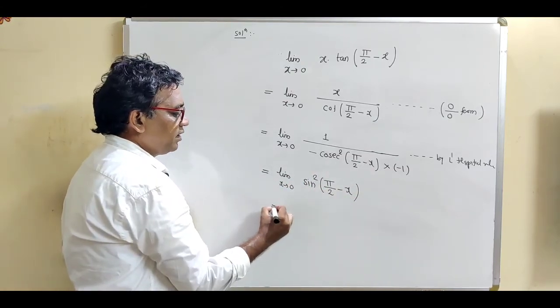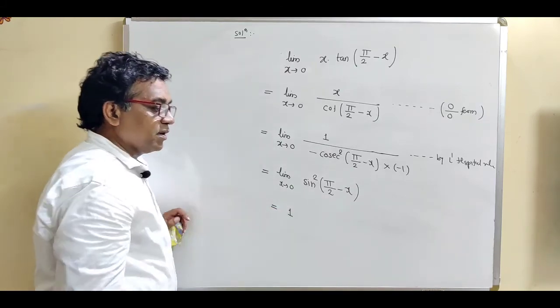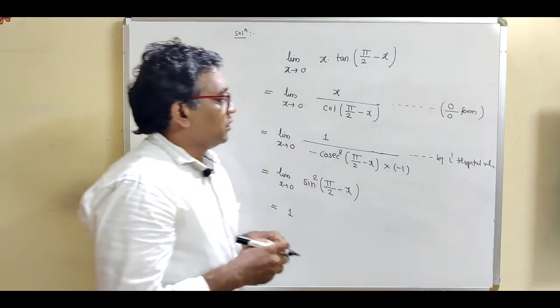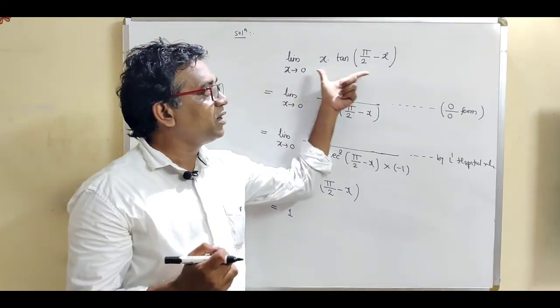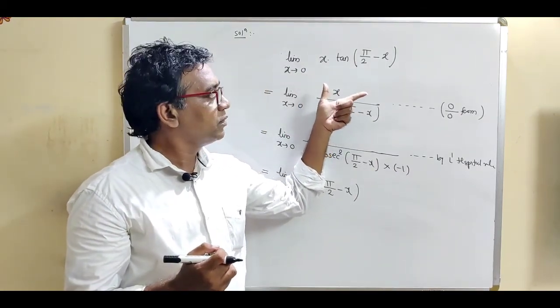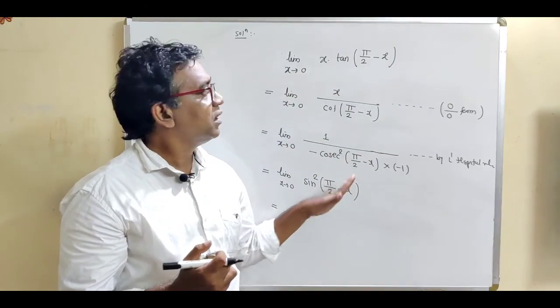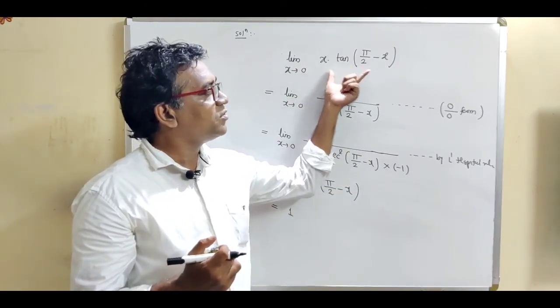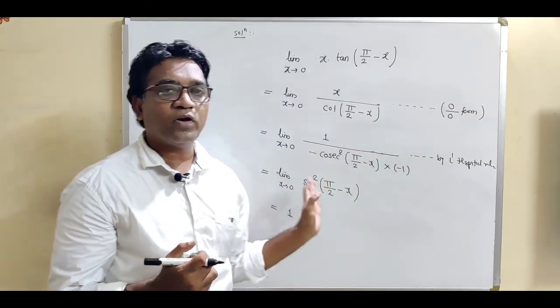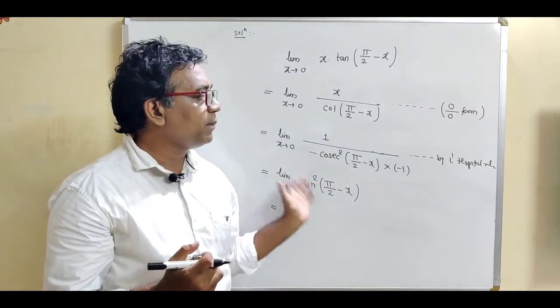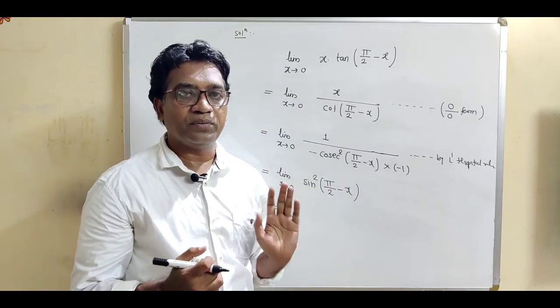Sine 90 it is 1, so this is the final answer, which is 1. So remember this form. If the limit form contains the product form, then what is the method? Anyhow convert this product form either in terms of 0 by 0 or infinity upon infinity, so that we can apply the L'Hopital rule. Thank you.